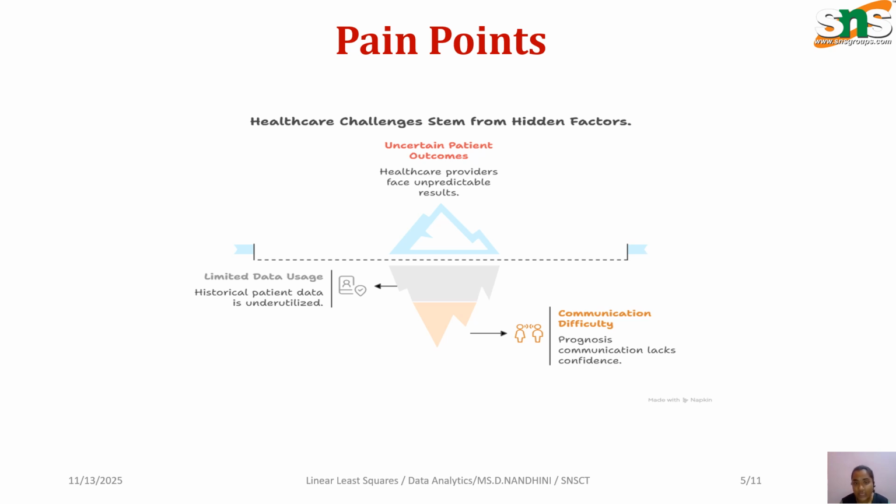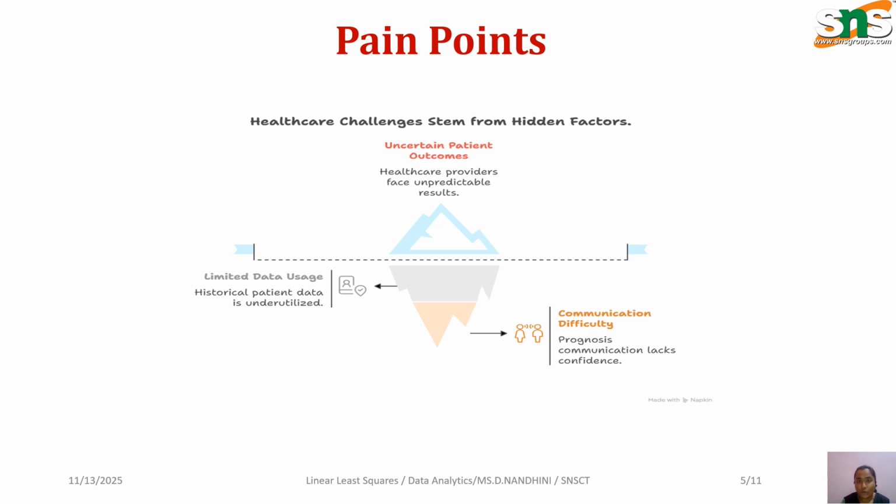First, when analyzing this phase, she must know that healthcare provides unpredictable results. It may be a positive result or it may be a negative result. Next is limited data usage. That means the history of the patient is viewed again and again to understand what type of illness he suffered from. Next is communication difficulty.